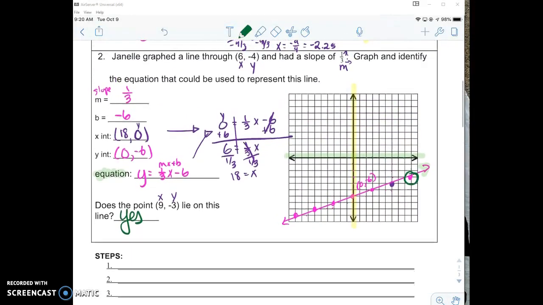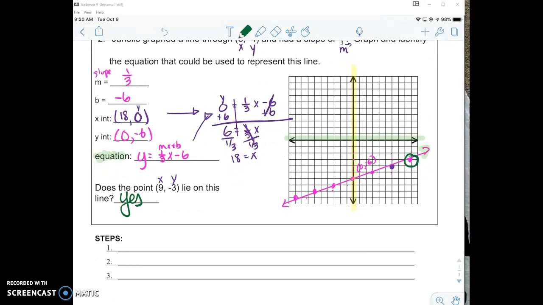Okay, so in summary, our steps to graph these lines were to first graph or plot the given point.